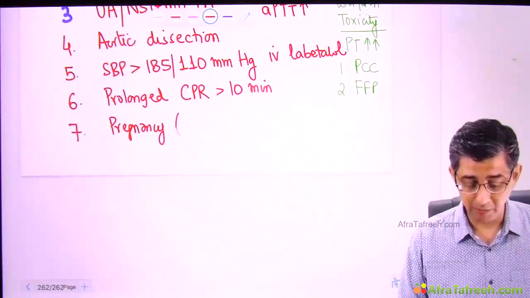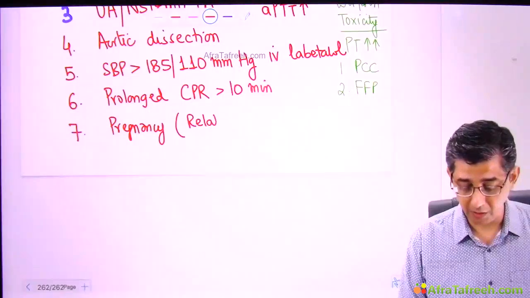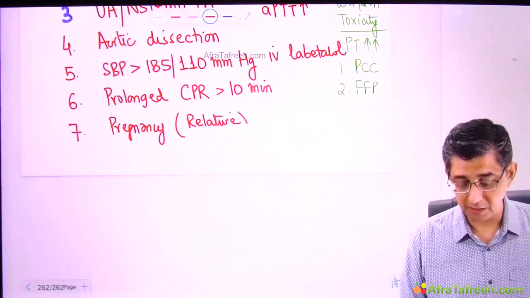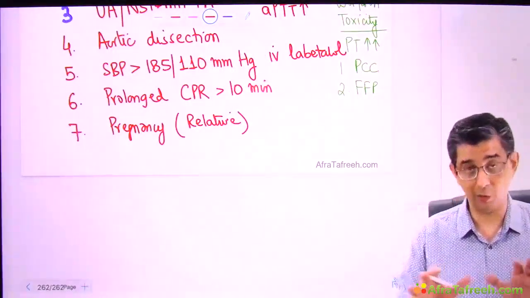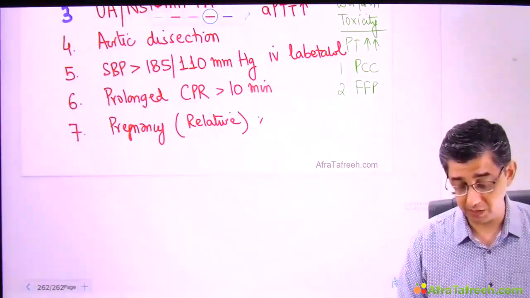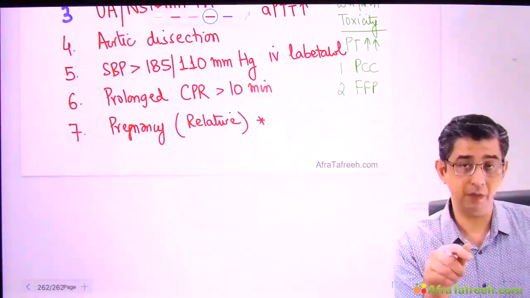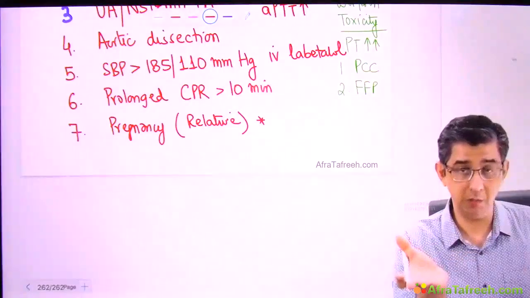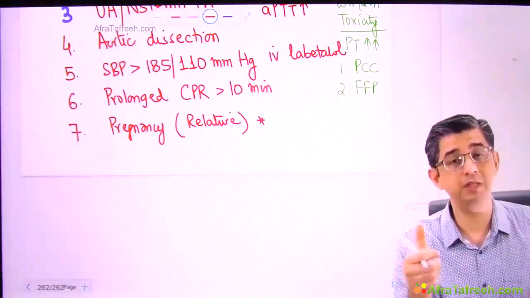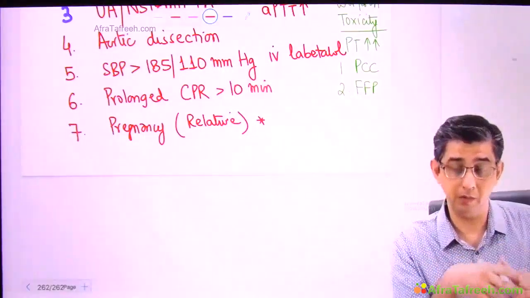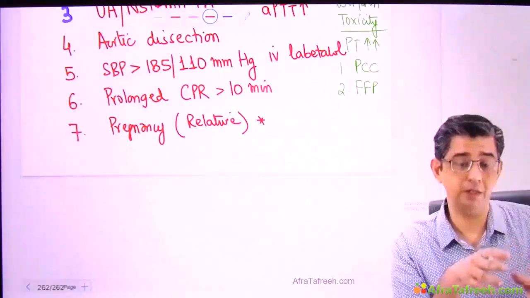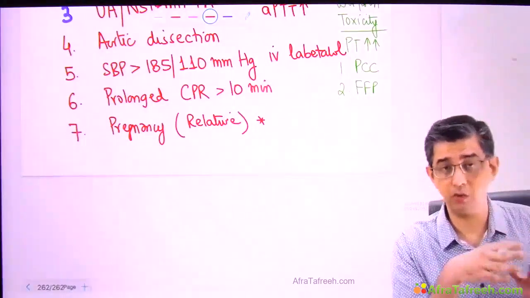Now I would like to mention that this is a relative contraindication. I'm talking about this from a broader perspective, guys. Why I'm saying relative is, let us assume a lady, because thrombolysis can be done in acute ischemic stroke also, and thrombolysis will be discussed in the topic of stroke. So I want to be clear here about the fact that suppose a pregnant lady, she is 34 weeks pregnant and she had a stroke.